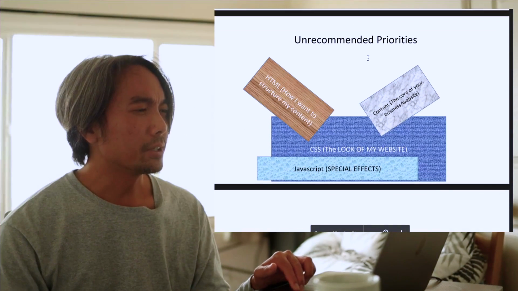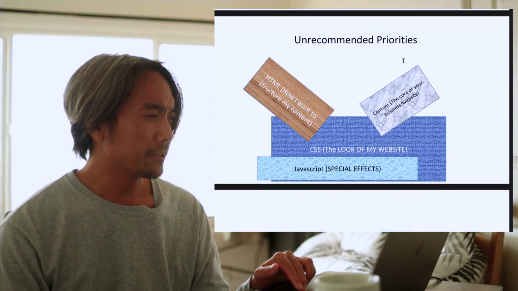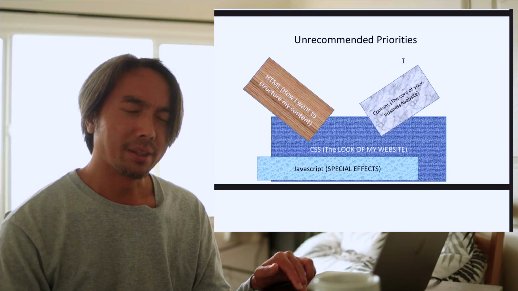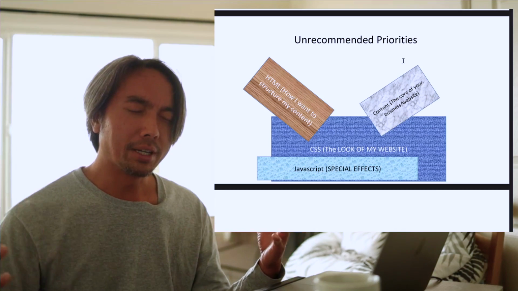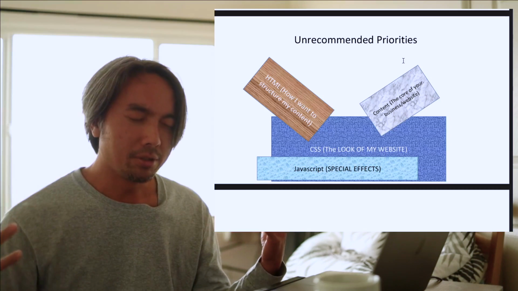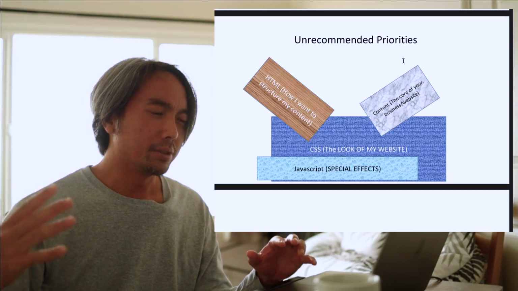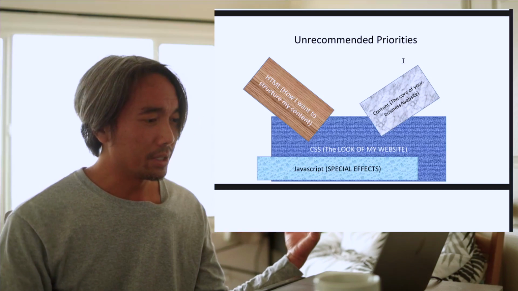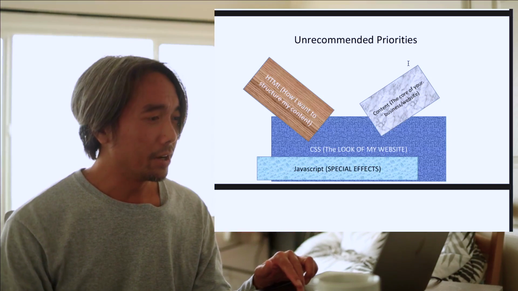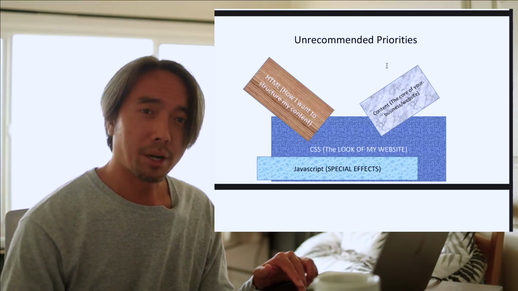Okay, so here I put some unrecommended priorities because I feel like the web development world is just so big and people do things in so many different ways, and you can do things in a good way and you can do things in a bad way. Here are some unrecommended priorities.